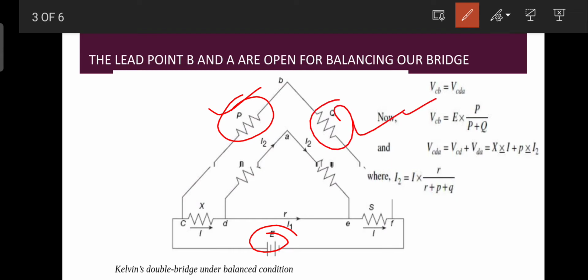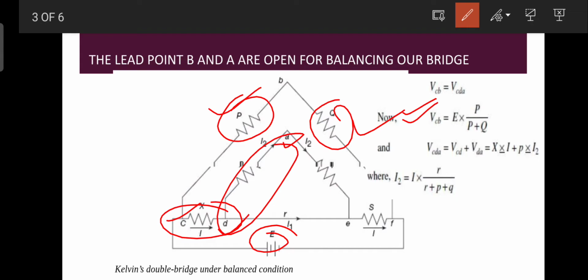So VCV is equal to E into P divided by P plus Q, and VCDA, that is the voltage across CDA, is the voltage across CD plus the voltage across DA.